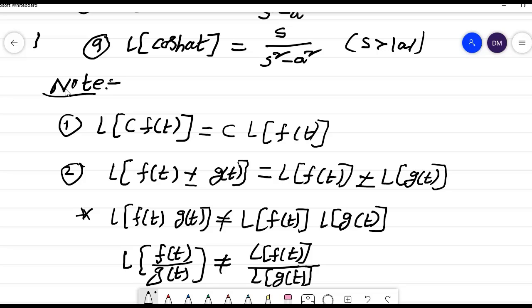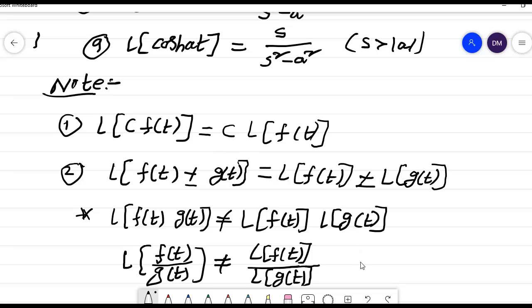If two functions are in the form of multiplication or division, we cannot apply the Laplace transform to the individual functions, meaning we cannot split them. So these are the important points we have to know.